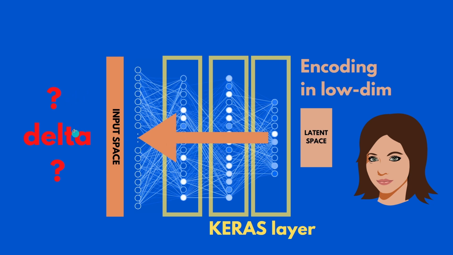You know that the delta should become minimum, and then if you have the latent space at a certain low dimensional configuration, you can be quite sure that the information content in the latent space is equivalent to the information content in the much bigger input space. So we have an encoding, and this is where autoencoders got their names from.